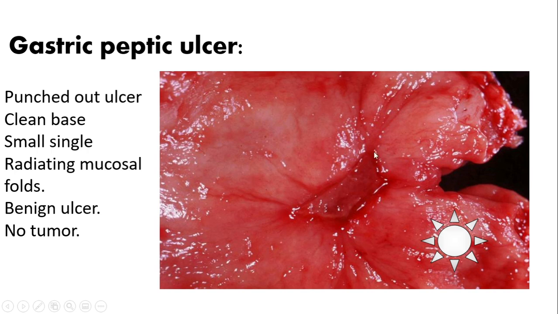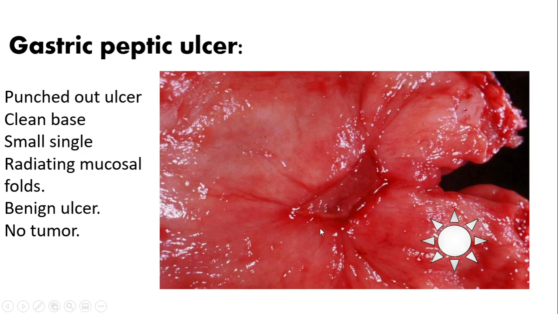It is punched out, well demarcated. So the border is regular, usually ovoid or rounded, regular margin punched out like a bite, as we said, and clean base.